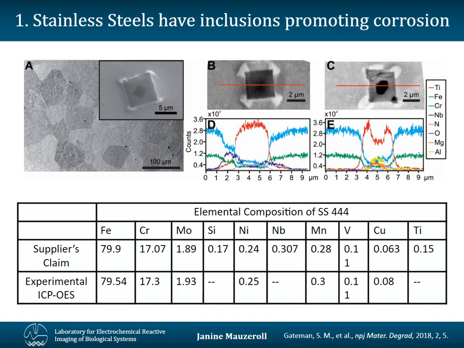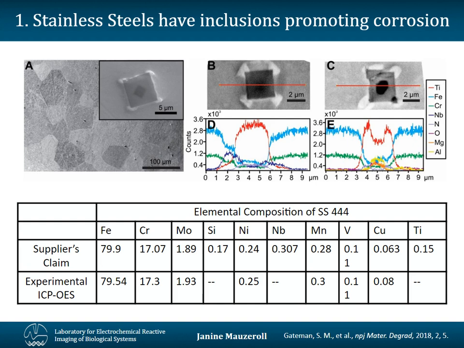In fact, they have a lot of inclusions, which end up being corrosion initiators. Here you have a stainless steel 444 in the top panel that has these cubic inclusions. And these cubic inclusions ended up being the corrosion initiation site in this type of alloy.